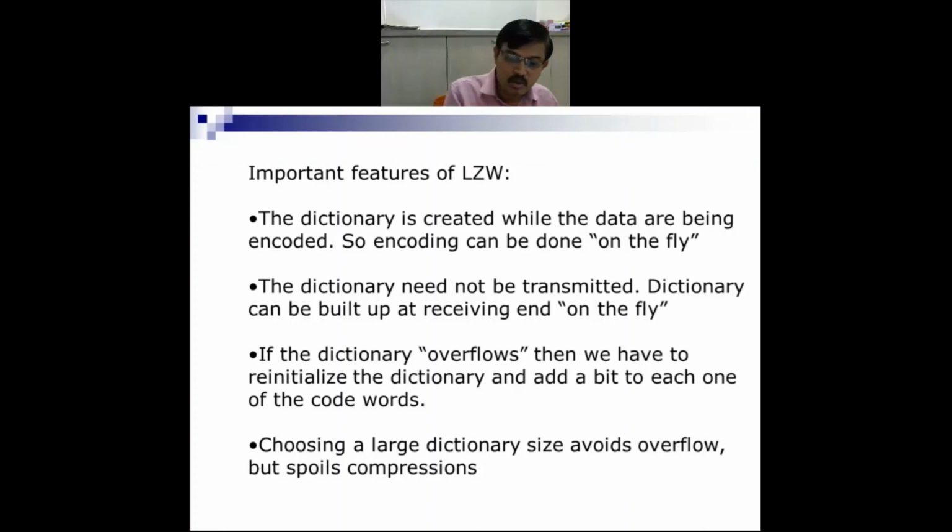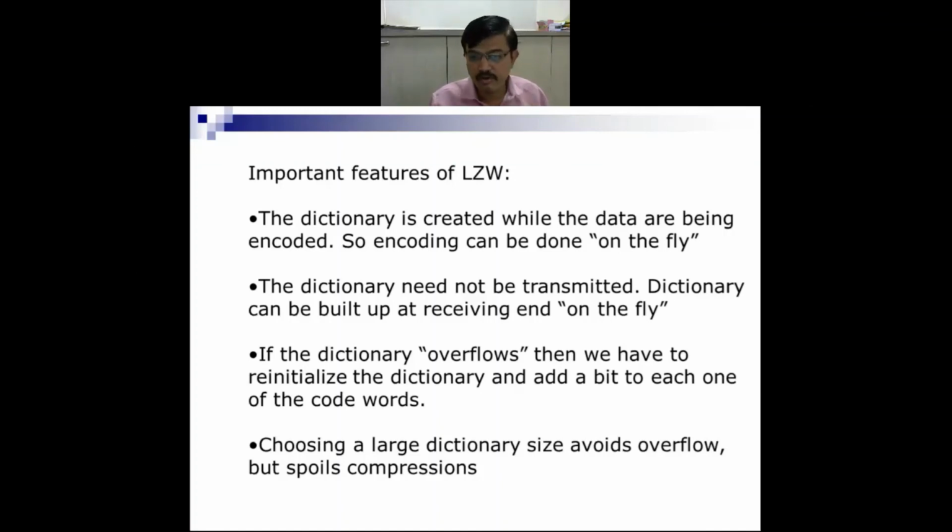You need to store the whole data in a buffer, and you have to go on counting how many letters, how many characters are observed, and accordingly calculate their probability. But here for Lempel-Ziv-Welch, no prior probability knowledge is required, so you can do the dictionary creation on the fly.